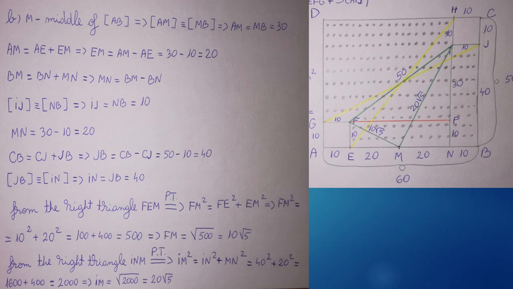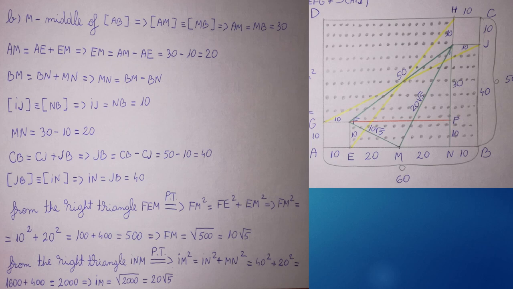BM is equal to BN plus MN. So MN is equal to BM minus BN. The segment IJ is congruent to the segment NB, so IJ is equal to NB, which is equal to 10. MN is equal to 30 minus 10, which is equal to 20.